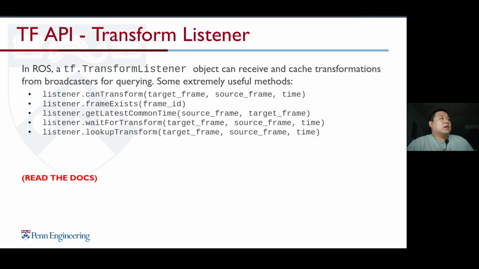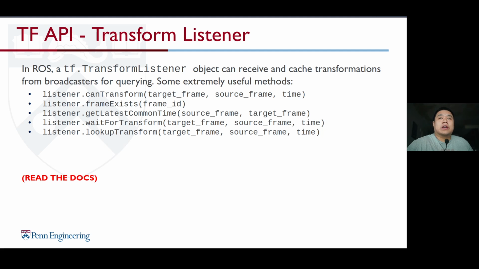And in the TF API, we have transform listeners. The transform listener object can receive and cache transformations from broadcasters for querying. Some extremely useful methods that are available in the listener class are can transform, which tells you if a transformation exists between the target frame and the source frame at the time that you've specified.